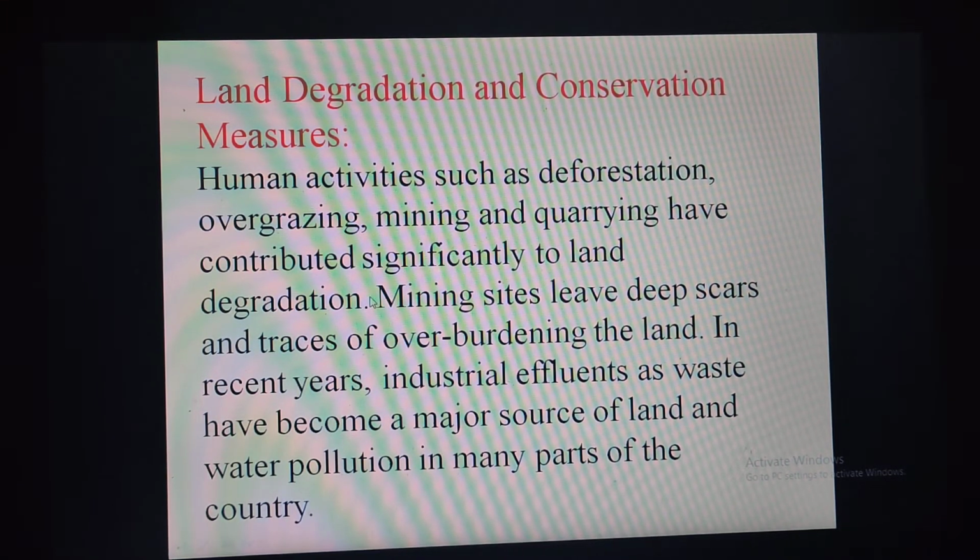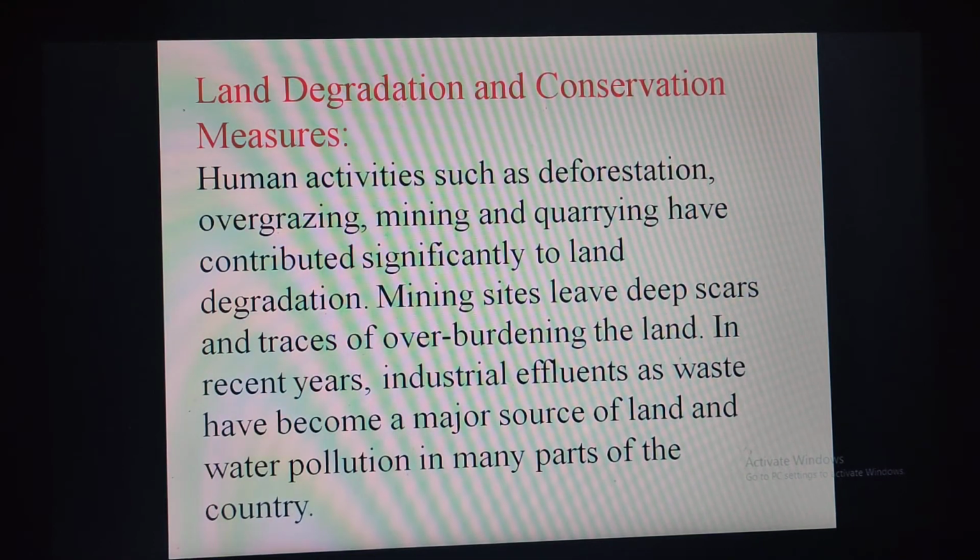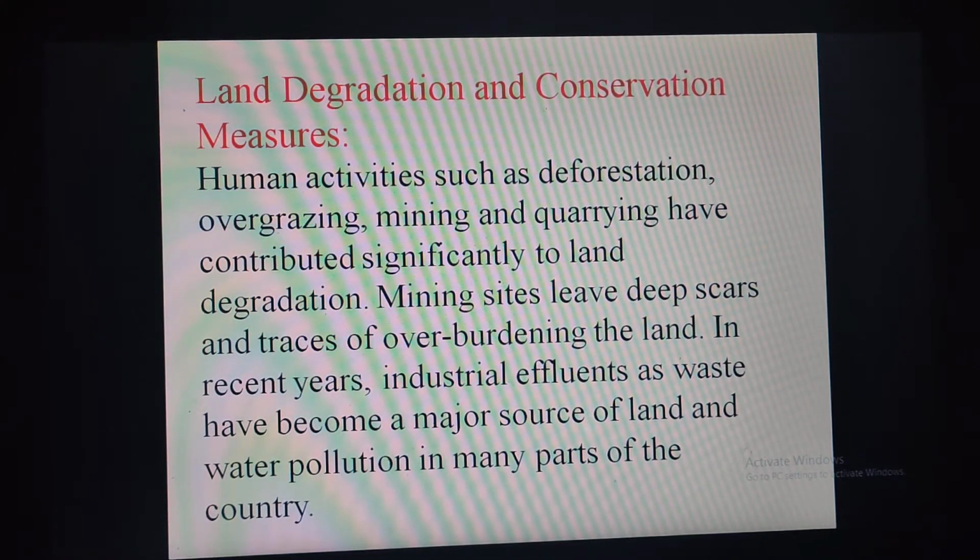So we are deforesting the land. What is deforesting? As we all know, we are cutting down the trees, we are cutting down the forest, continuously we are doing this. Then we are overgrazing, and there are the mining activities. All this is the cause of land degradation.